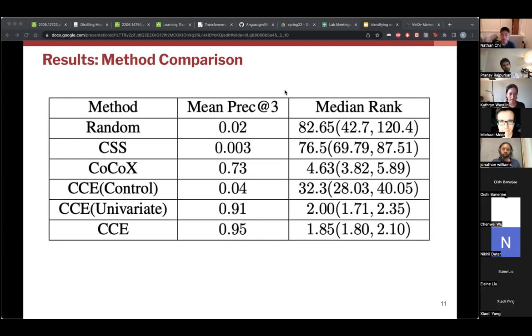And it also looks at the rank of the concept among the top 150 total concepts that were chosen. Generally, you can see here that the precision is the highest for CCE, and the rank of the correct spuriously correlated concept is best, or the number is smallest, for CCE. So it is outperforming some of those related works.